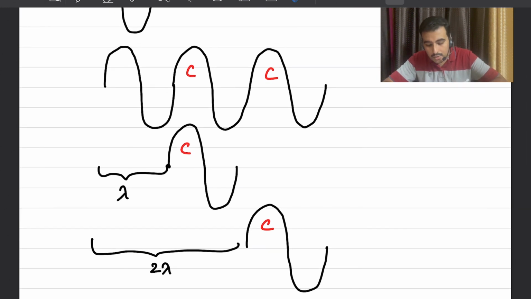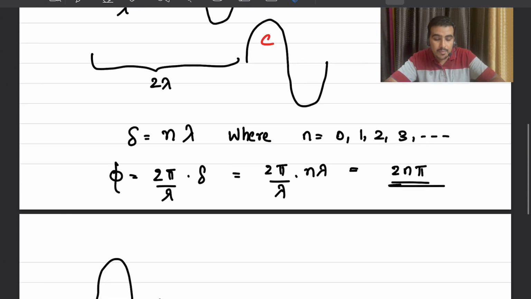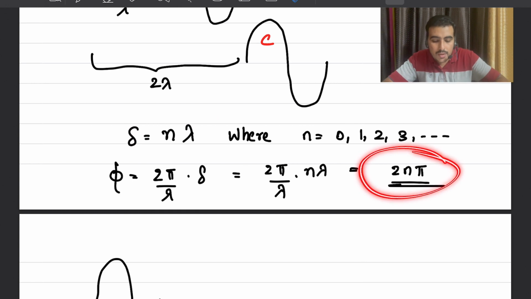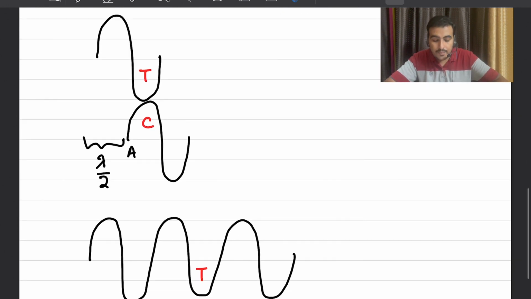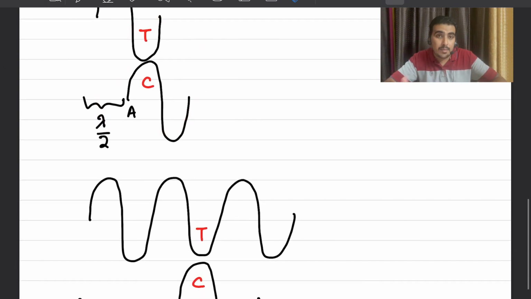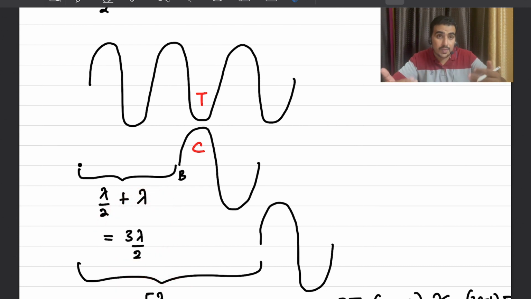And here you can see the crest meeting the crest resulting in a large wave, or we can call it a bright band or constructive interference, that happens for the integer multiple of wavelength, or in terms of phase difference it is equal to 2n pi. To obtain the destructive interference, the crest should meet the trough, and here you can see at a path difference of lambda by 2 or 3 lambda by 2 or 5 lambda by 2, this keeps happening.